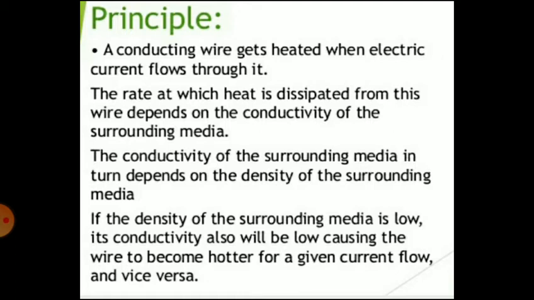The rate at which heat is dissipated from this wire depends upon the conductivity of the surrounding media. The conductivity of the surrounding media in turn depends on its density. If the density of the surrounding media is low, its conductivity also will be low, causing the wire to become hotter for a given current flow, and vice versa.